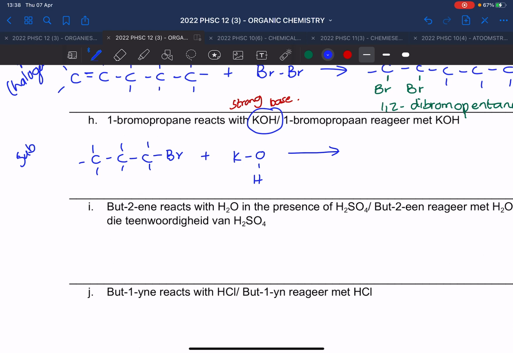Reaction conditions. Are you at the substitution? I'm at the substitution reaction, and I think it's called hydrolysis. Did I spell this correctly? Yes.